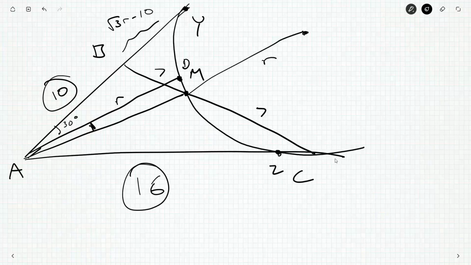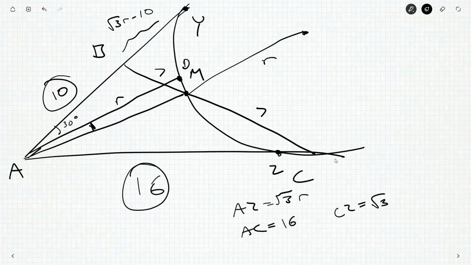I know AC is 16, and AZ is root 3R, so CZ is going to be root 3R minus 16, or is it... The picture makes me believe that it's 16 minus root 3R. That's what's got me confused.